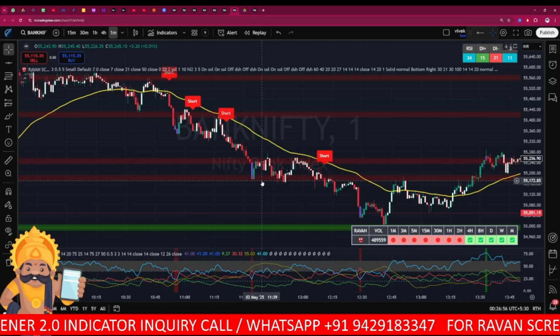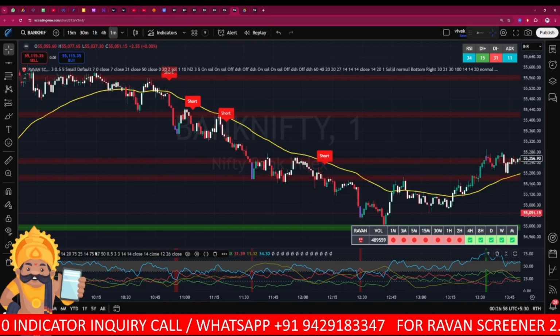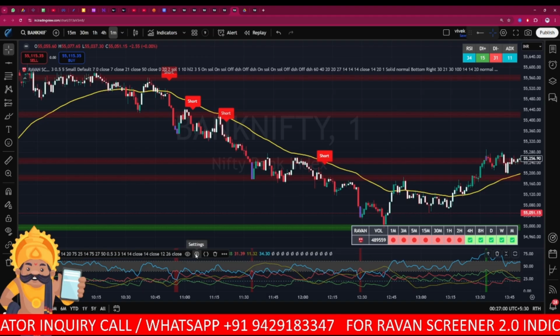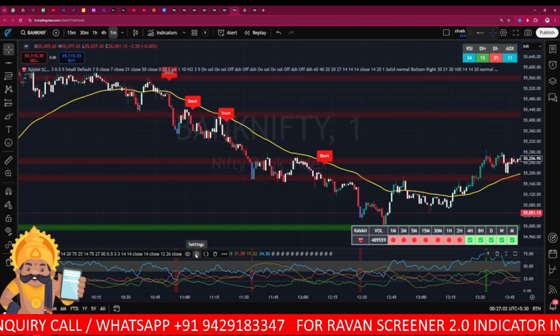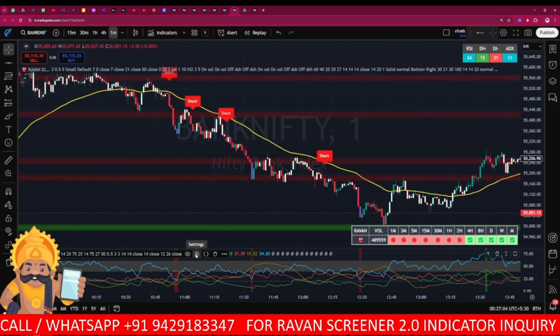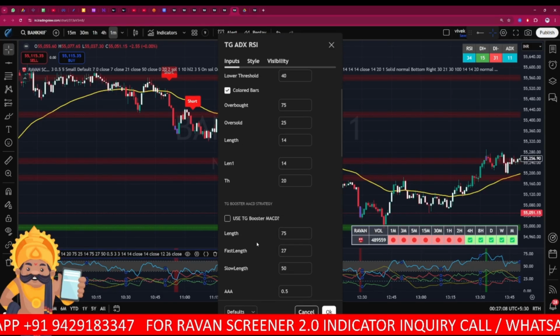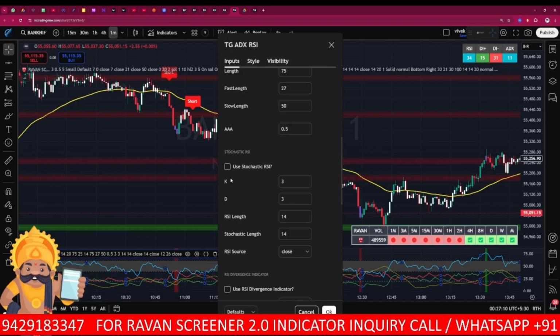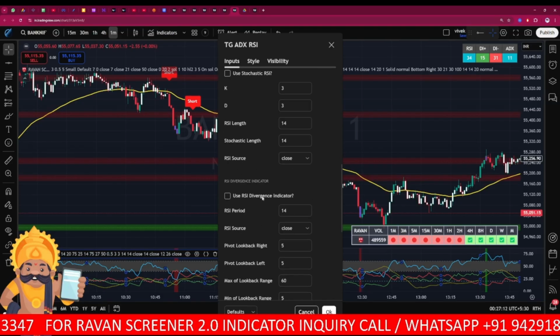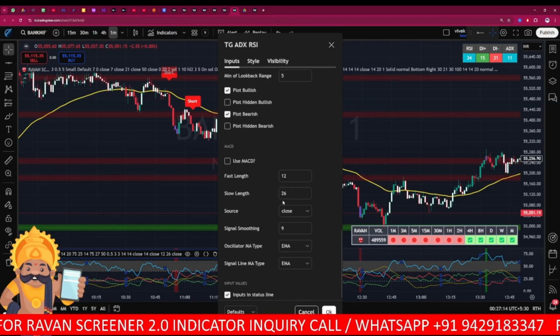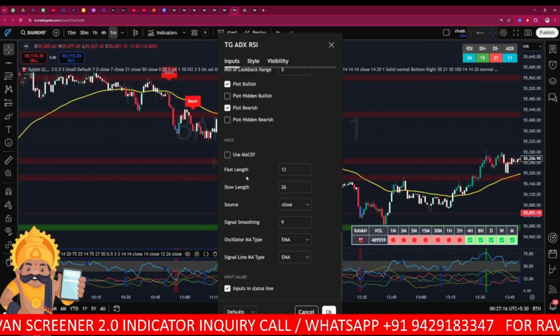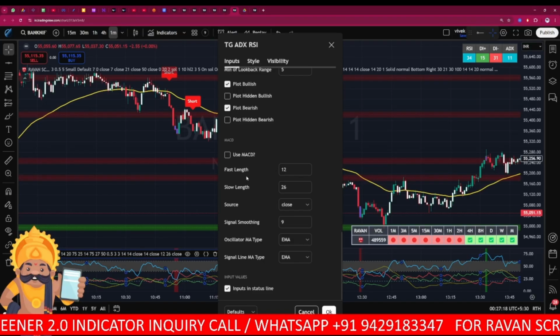These are our conditions. Still, you can use multiple features if you want to customize them. I've shown you four conditions, but if you want to customize, you can use additional features like the supporting STC indicator. We do have stochastic RSI confirmation, RSI divergence, and MACD. If you want, you can activate and use those confirmations for your trade.